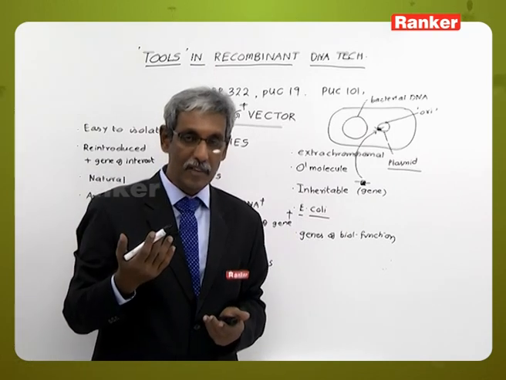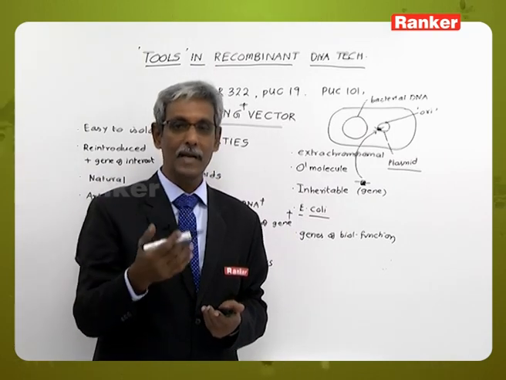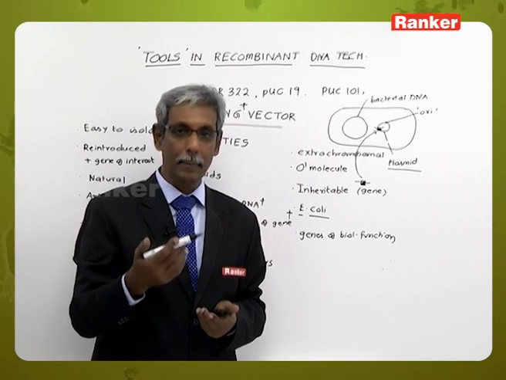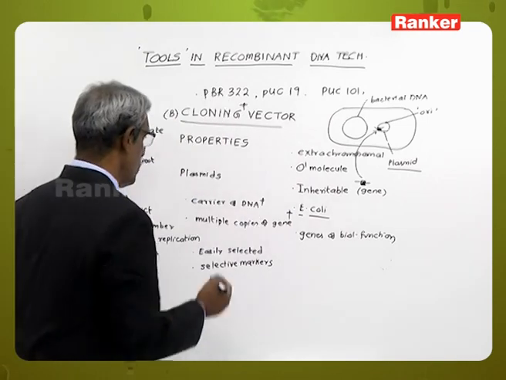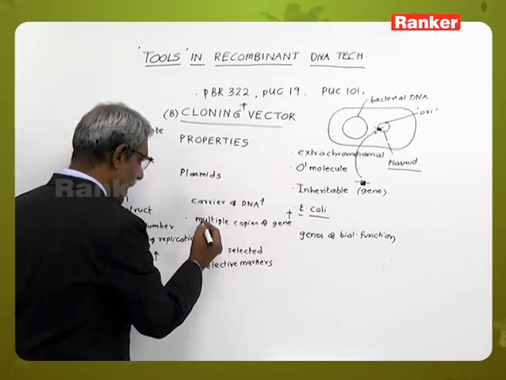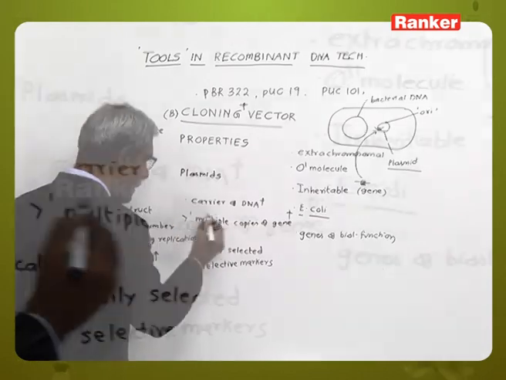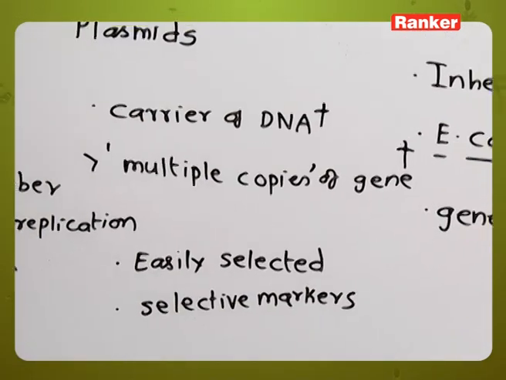So, your gene of interest will get loaded into the plasmid, and the plasmid will move from one bacteria to the other bacteria. So, a plasmid is a carrier of the DNA, and it is capable of making multiple copies of the gene.